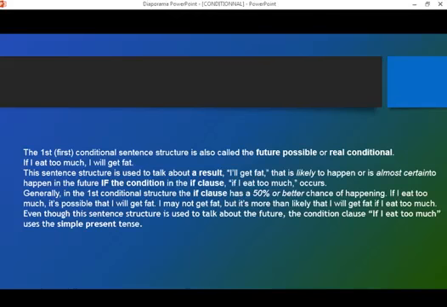I may not get fat, but it's more than likely that I will get fat if I eat too much. Even though the sentence structure is used to talk about the future, the condition clause, if I eat too much, uses the simple present tense.